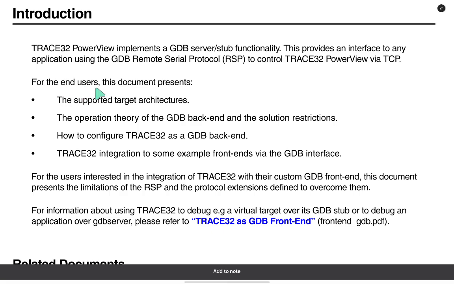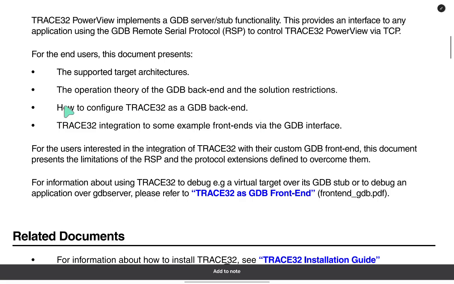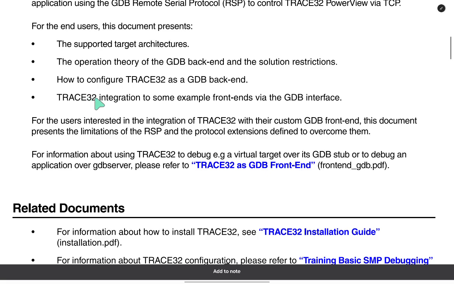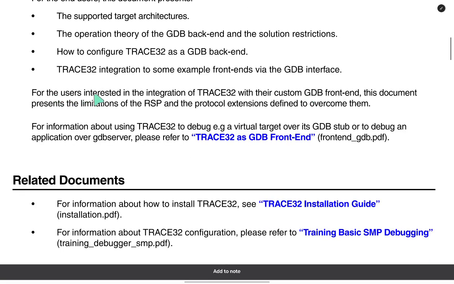For the end users, this document presents the supported target architectures, the operation theory of the GDB backend and the solution restrictions, how to configure TRACE32 as the GDB backend, and TRACE32 integration to some example front ends via the GDB interface. For the users interested in the integration of TRACE32 with their custom GDB front end, this document presents the limitations of RSP and the protocol extensions defined to overcome them.